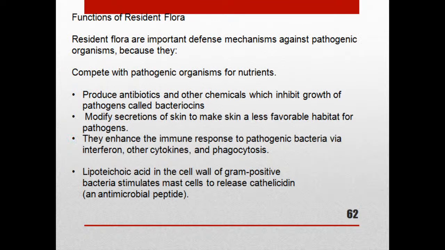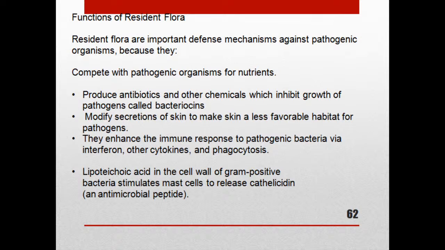Function of resident flora or microbiota of the skin. Resident flora are important defense mechanisms against pathogenic organisms because they compete with pathogenic organisms for nutrients, and produce antibiotics and other chemicals which inhibit growth of pathogenic bacterial cells.